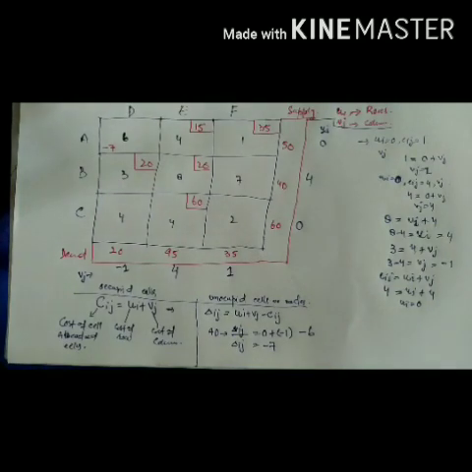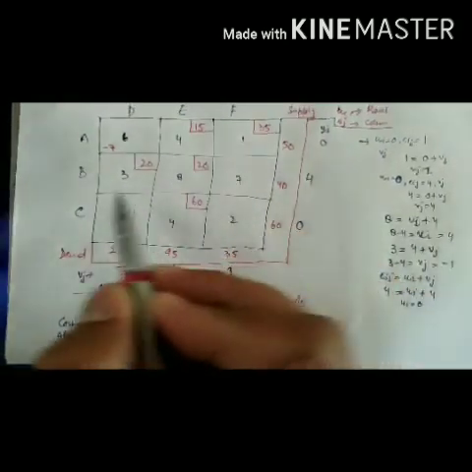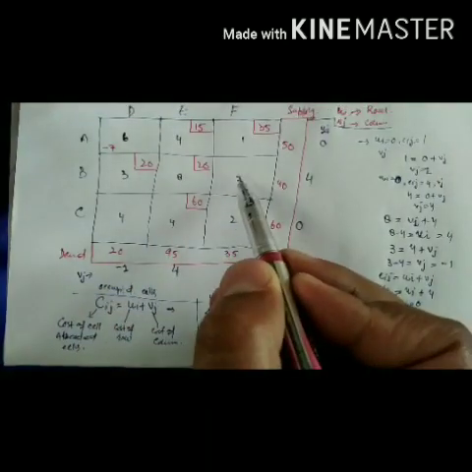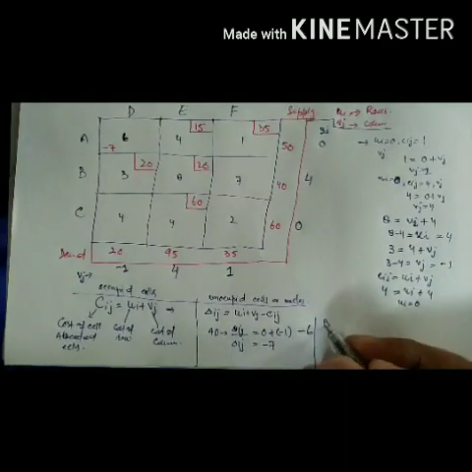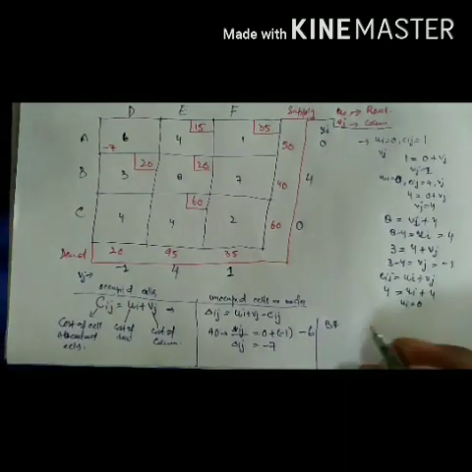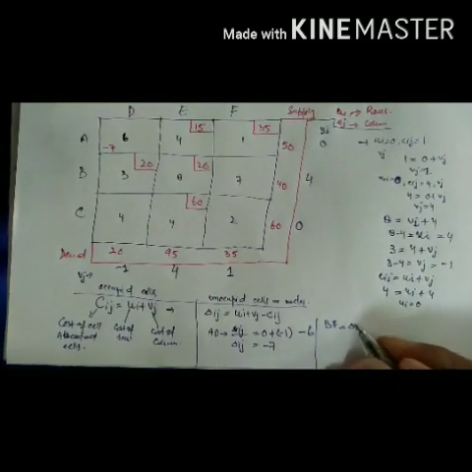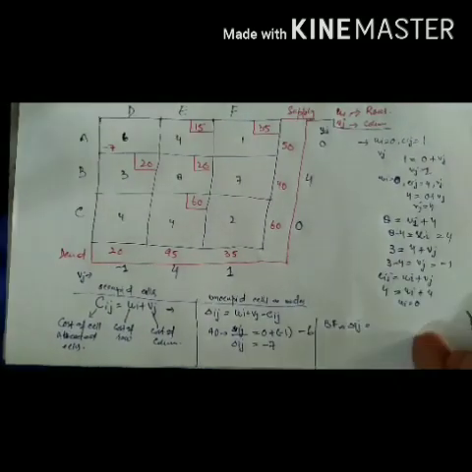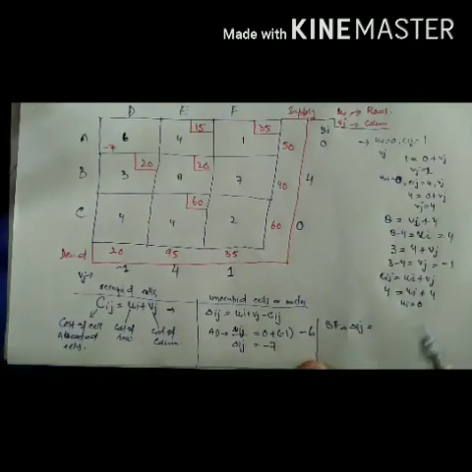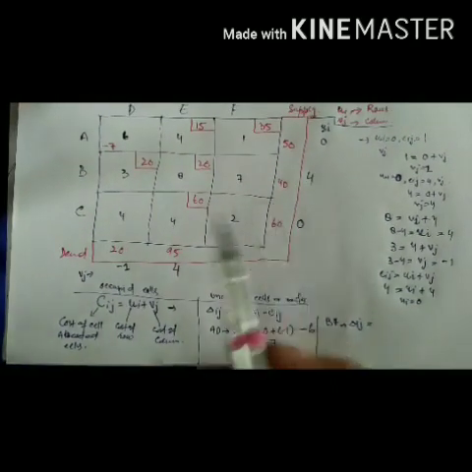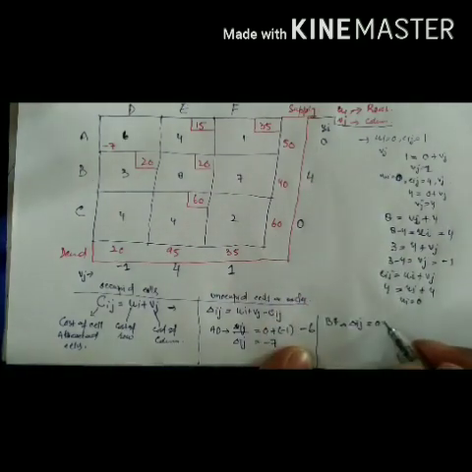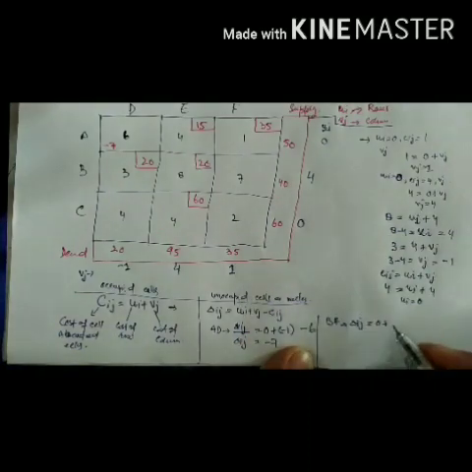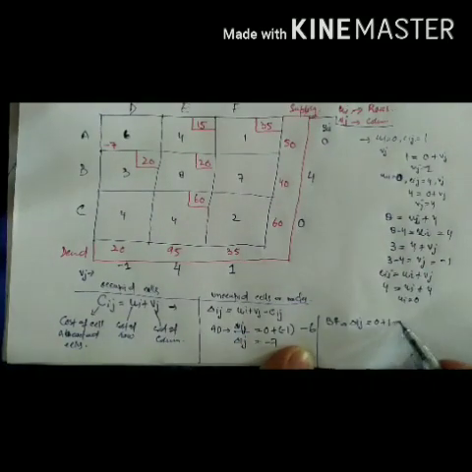Now I will calculate for my next unoccupied route, that is BF. My del Ij will be equal to Ui of this cell, plus Vj, that is 1, minus Cij.